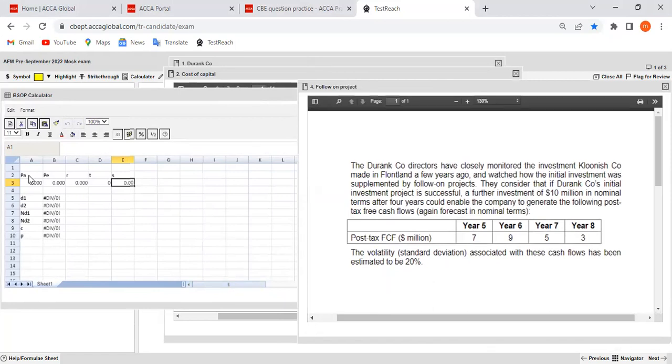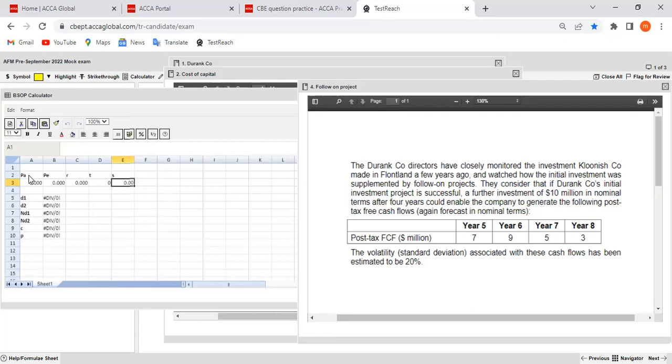Yes, sir. Now you have to go for the BSOP model, and previously it was a very lengthy process. The students were very confused about how to apply this BSOP formula. But now things are quite easy. You just have to put in the values of the variables, and automatically the answers will be there.